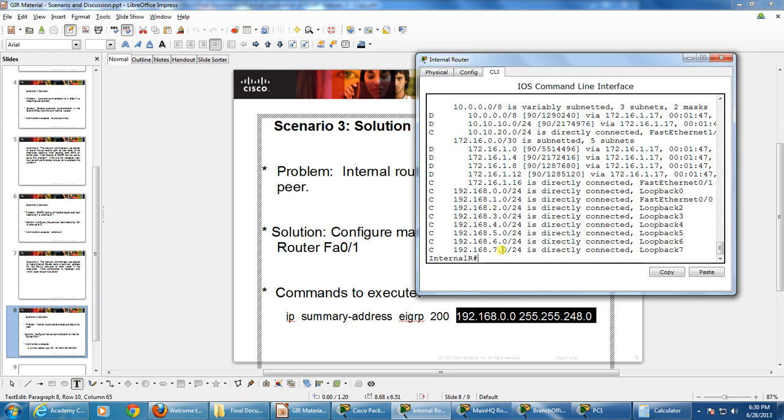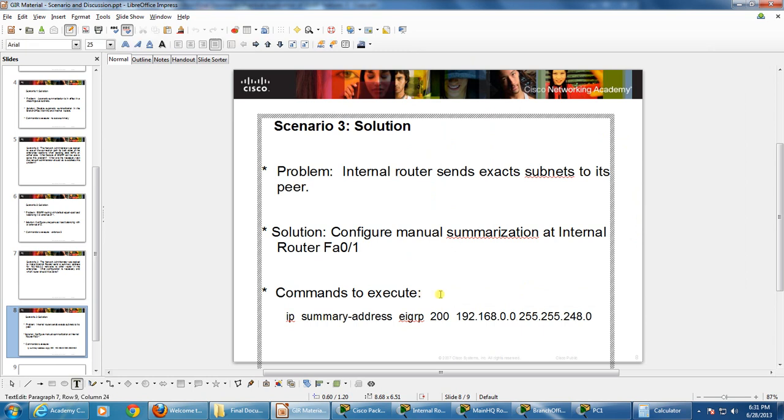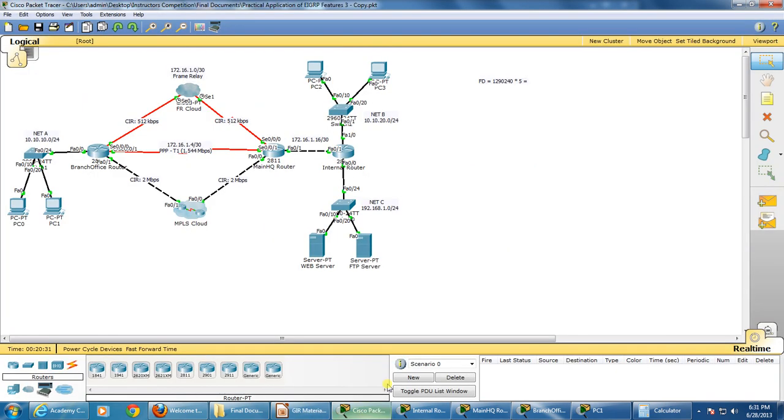If you're going to summarize this, this will give us a prefix of 21. So this will give us a 248 subnet mask. And of course, we're going to enter this in our internal router on this interface FA01, where it will send out updates.